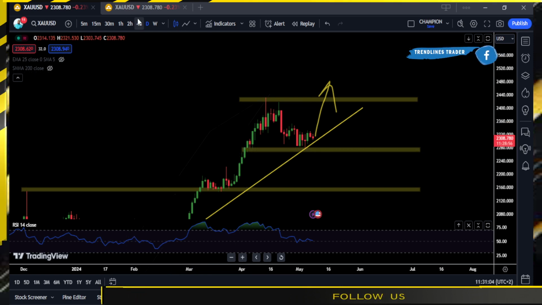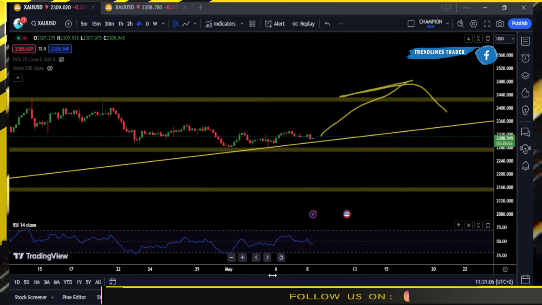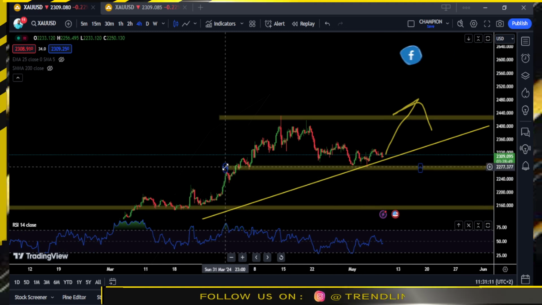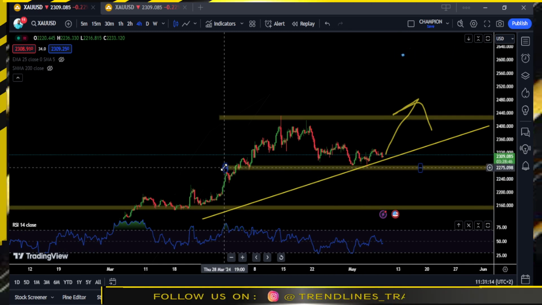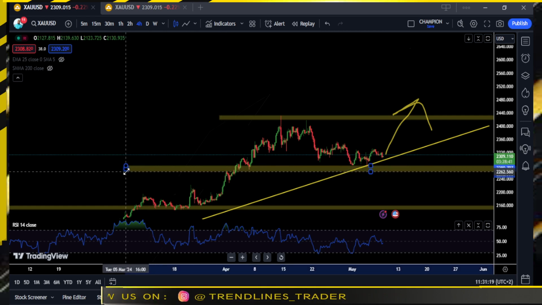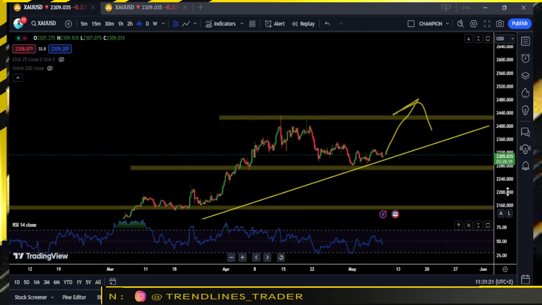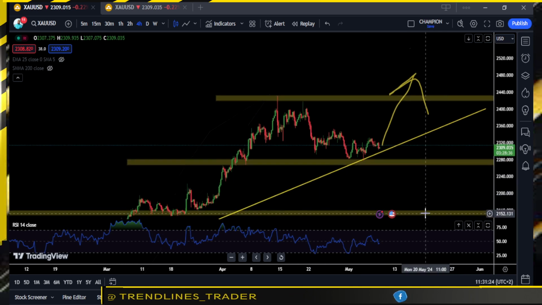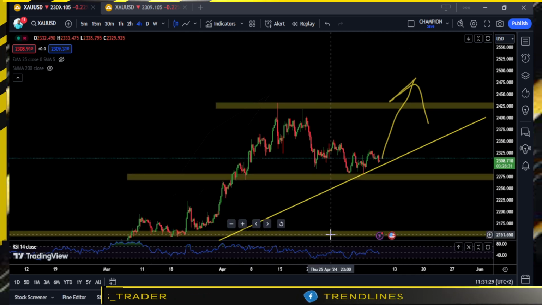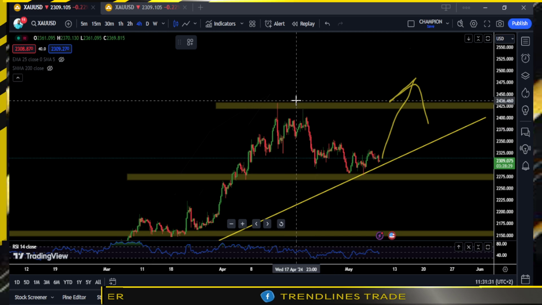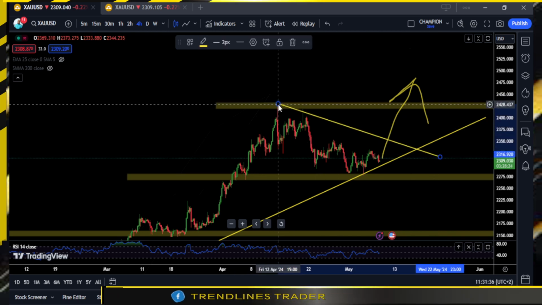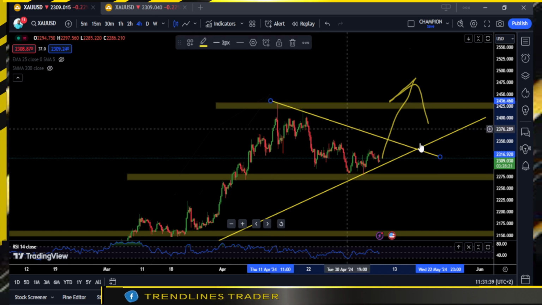Now, if we go down to our 4-hour time frame, we can start by analyzing from our lowest point towards our highest point. Remember, we are trading trend lines. Let me just lower this so we can have more space. As we trade trend lines, you can see from our 4-hour time frame we have a bearish trend.